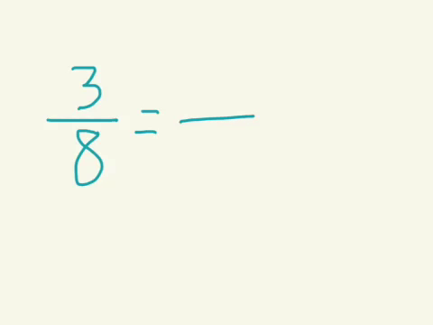So let's see if you can create an equivalent fraction. Let's try out if I gave you 3/8. What equivalent fraction could you come up with? Think, whatever I do to the top by multiplying or dividing, I have to do to the bottom by multiplying or dividing. It's just multiplication and division here.